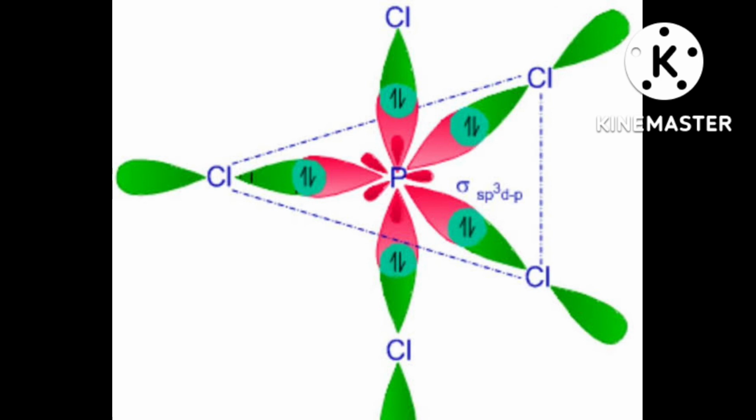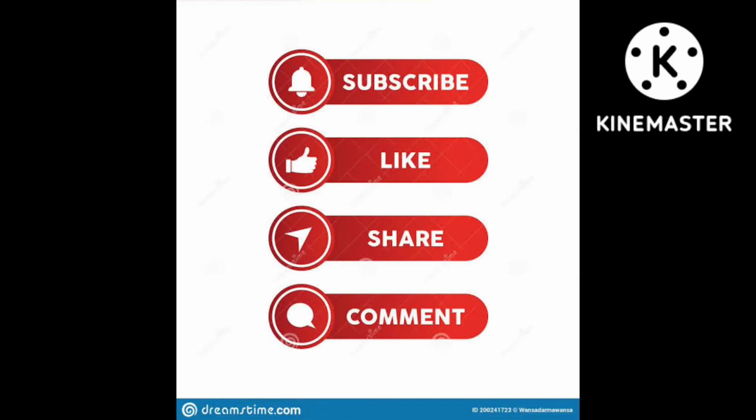Then these 6 will hybridize, and these 6 hybrid orbitals will make bonds with 6 fluorine atoms. They will overlap, and the SF6 molecule will exist, and the hybridization is called sp3d2 hybridization.